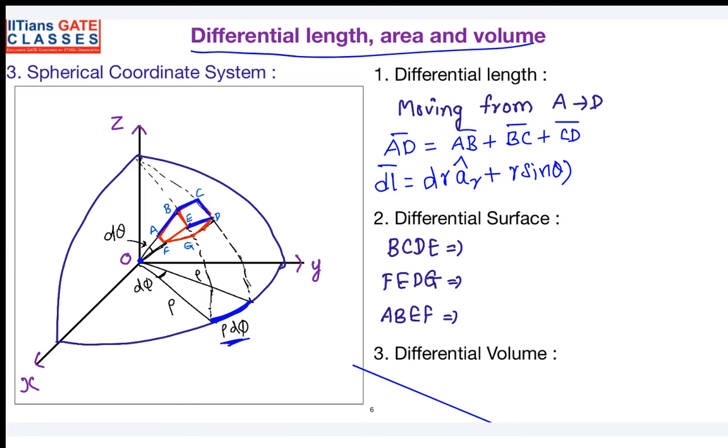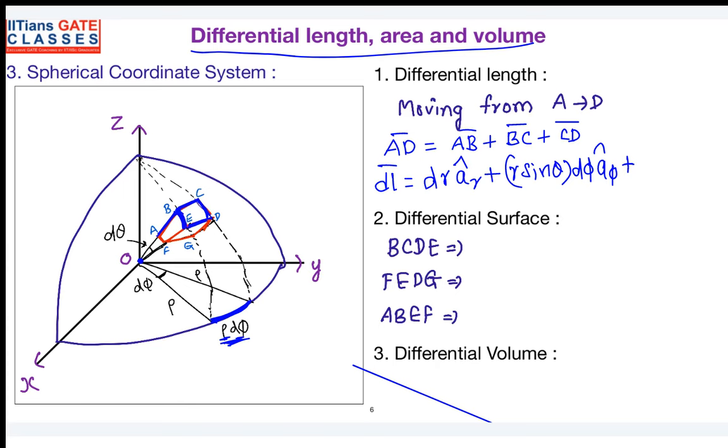So what is the distance when you are moving from C to D? Moving from C to D is the same as moving from B to E. Both are parallel. And this is also not a linear distance. B corresponds to a particular theta and E corresponds to a particular theta, but the radius remains the same.